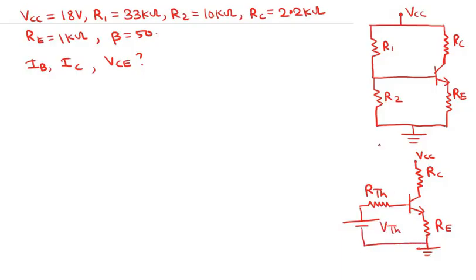We have already seen that this network on the top is equivalent to this circuit at the bottom. And we have also found out how to find the values of VTH and RTH.